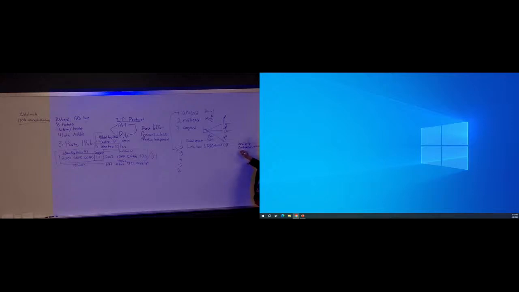Every IPv6 enabled device has to have one. This is another way that IPv6 has increased its efficiency. It's made it so that every device gets one so that they can all communicate, at least within their own local network.